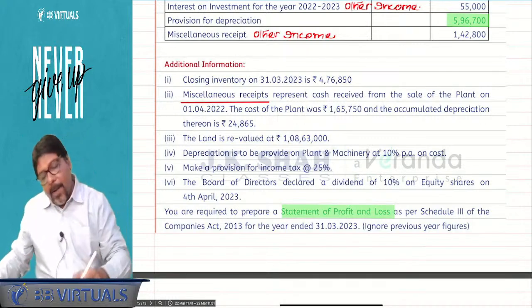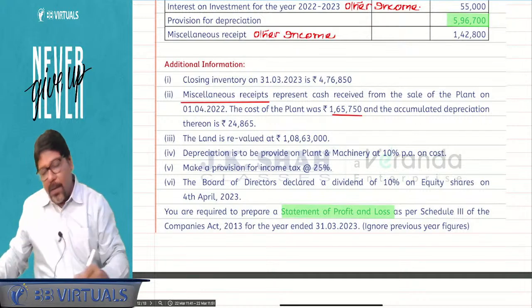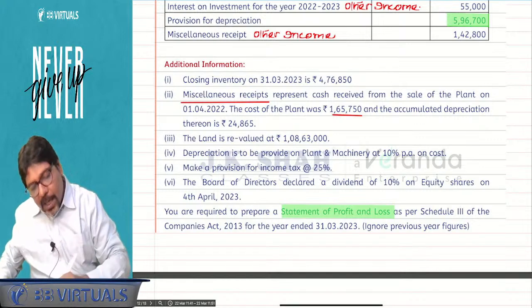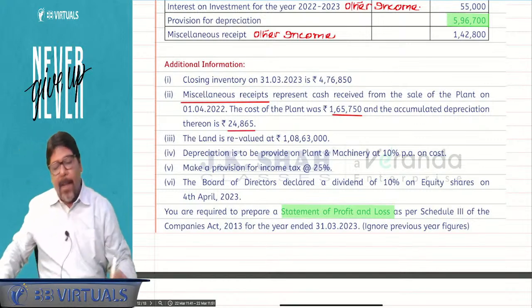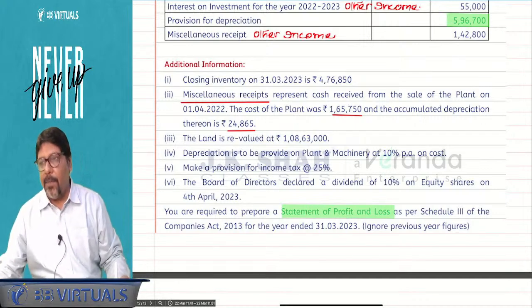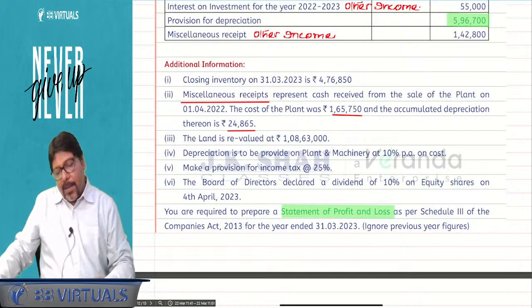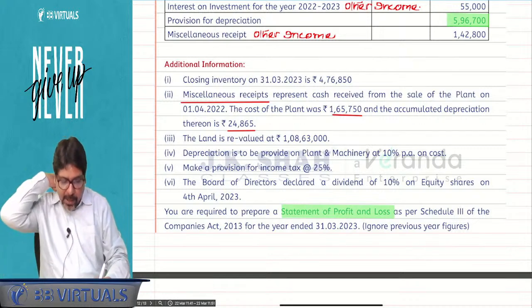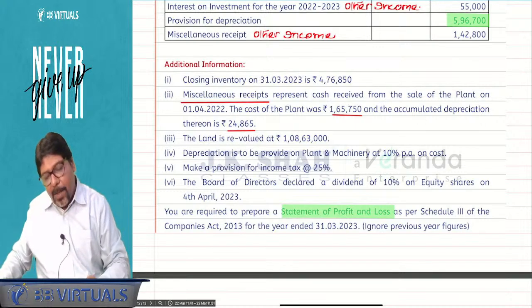The cost of plant and machinery was 165,750, and accumulated depreciation was 24,865. Correct.